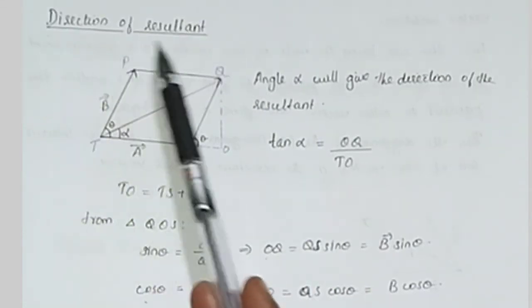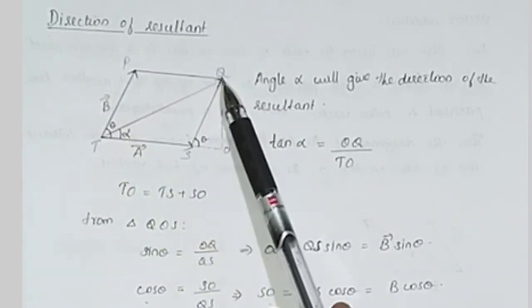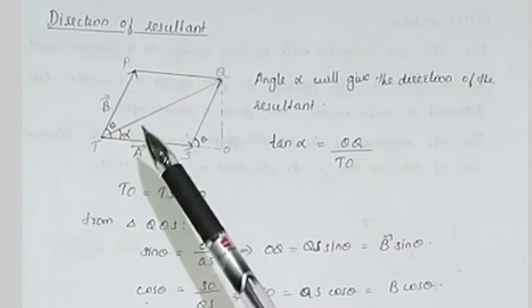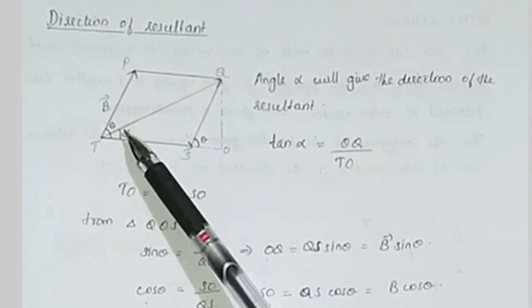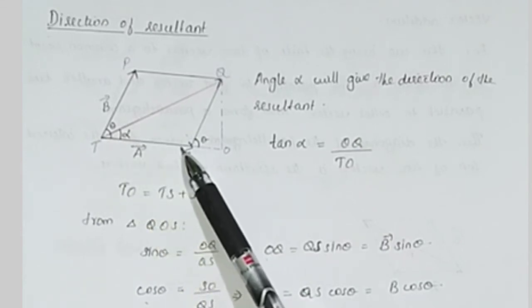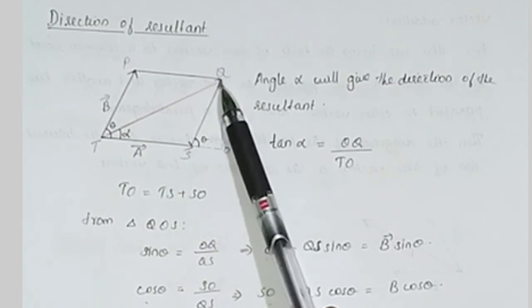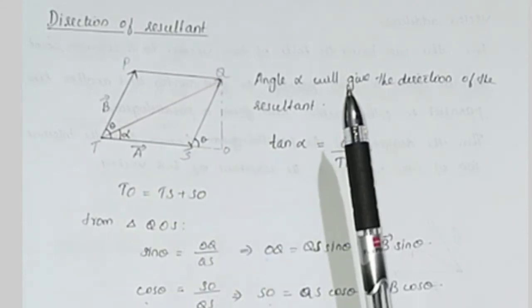Now to obtain the direction of this resultant vector, we know that the resultant vector is obtained in an inclined way between both A and B, and let the resultant vector make an angle alpha with one of the vectors. So by knowing this alpha, we can tell the direction of the resultant vector.